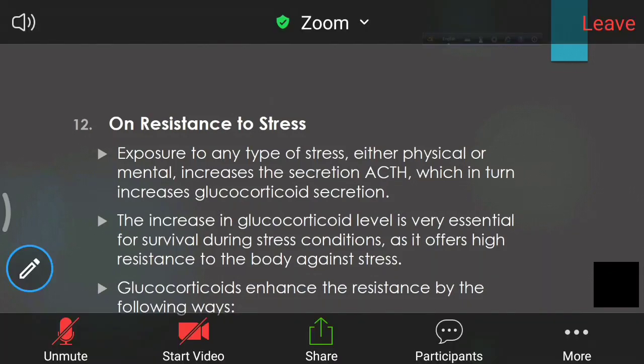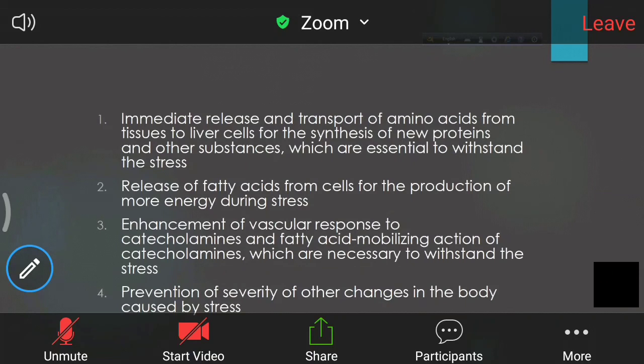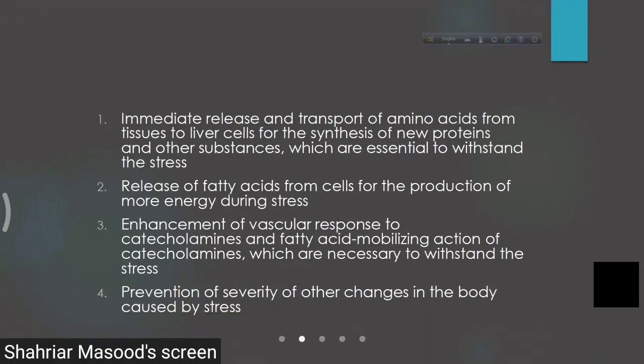This it does in the following way. It causes immediate release and transport of amino acids from the peripheral tissues to the liver cells for synthesis of new proteins, especially in the form of plasma proteins. These proteins are then transported by the bloodstream to wherever there occurs injury, wherever there is an inflammation, wherever in the body microorganisms have invaded and infected the tissues.